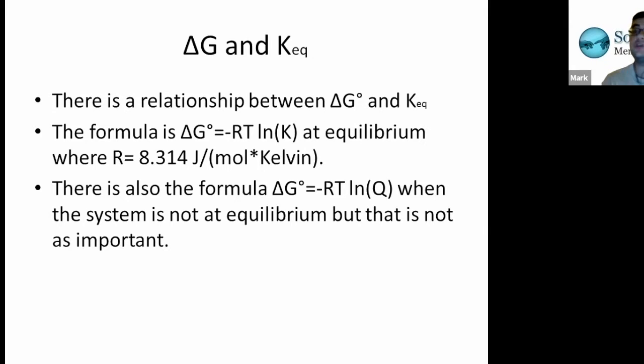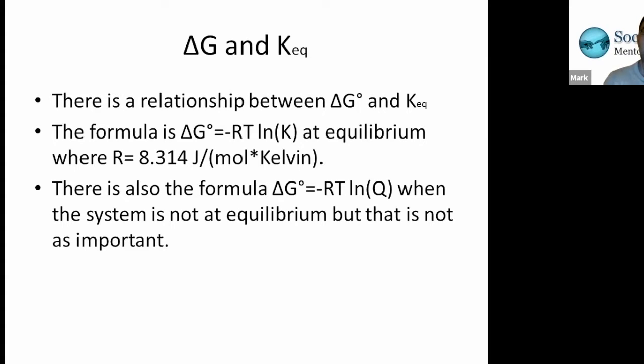If you already know it from previous courses, or we actually covered equilibrium in a different program about a month or two ago, and you know what equilibrium constant means, then this may make sense to you. There's a relationship between this and delta G standard. Delta G standard, which has this little degree sign on the top, is different from delta G. We'll cover those differences a little bit later, but just know that they're a little bit different.